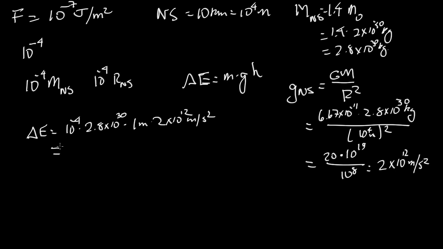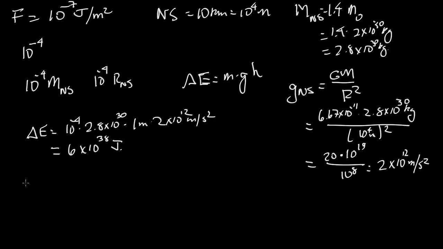So simplifying that all together, we can knock that down to essentially 3 times 2 is 6. And then consolidating my exponential notation, I have 30 plus 12 is 42, minus 4 is 38. So 6 times 10 to the 38 joules.